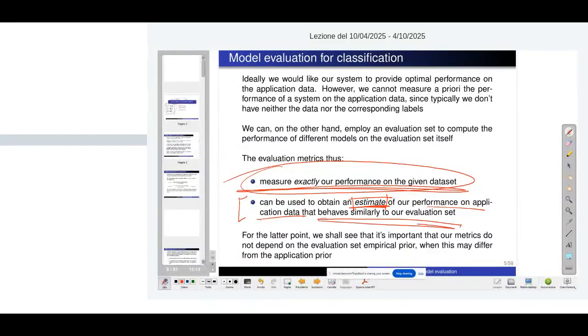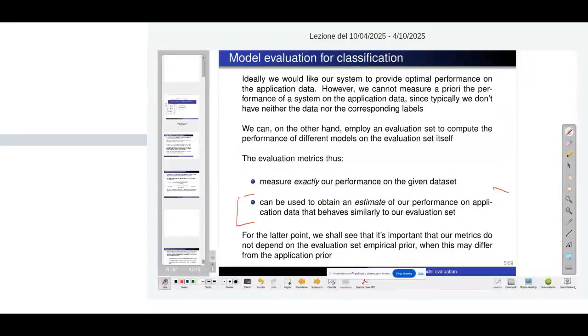But under the assumption that they behave in the same way, we'll use the metric computed on the evaluation set as an estimate of how well the model will perform. Being an estimate means that it's also something that is not 100% accurate.